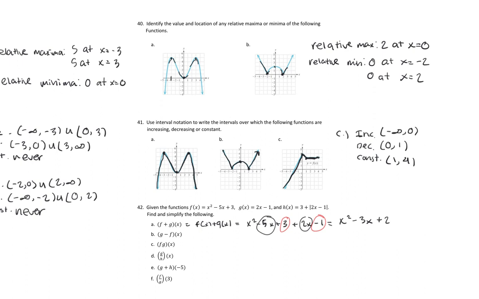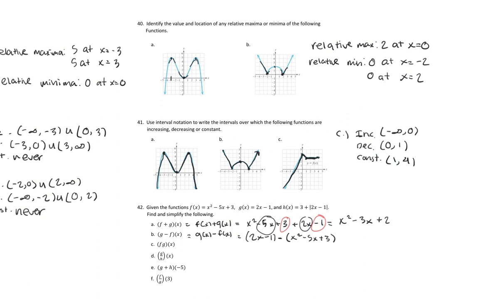All right, so then if we move on to part B, it says g minus f of x. So that is going to be g of x minus f of x, right? So then we'll have this 2x minus 1 as our g of x. And that's going to be minus this whole thing of x squared minus 5x plus 3.